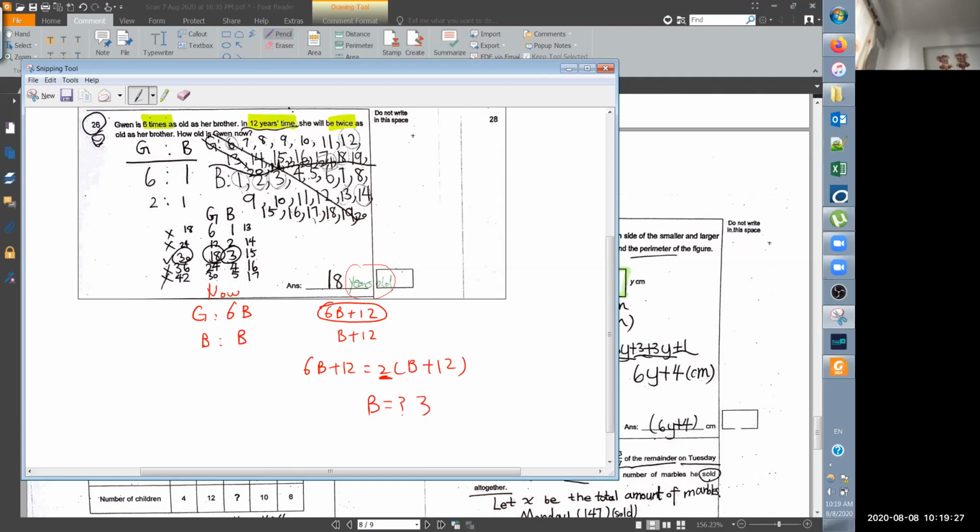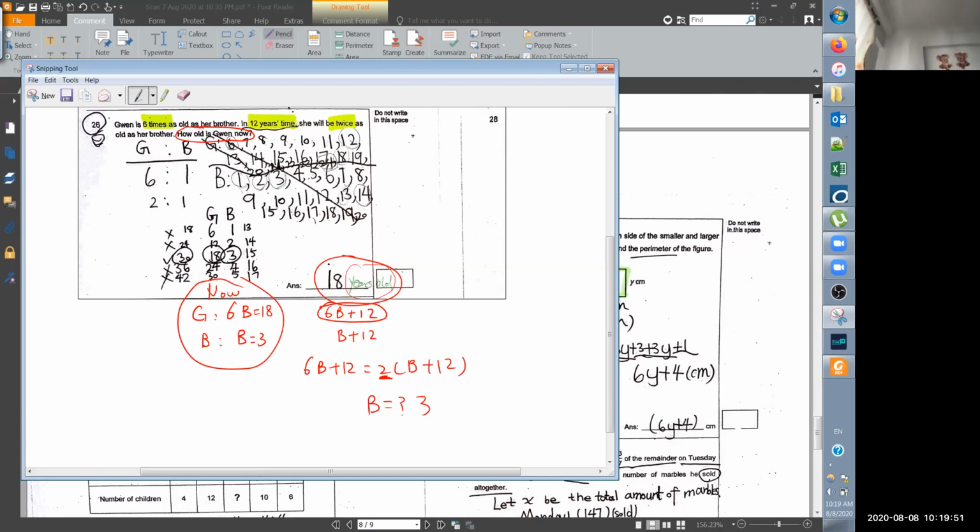And how old is Jiwon now? If b is 3, then this is 18. That's how you can get the answer faster. They ask how old is Jiwon, so it's 18 years old.